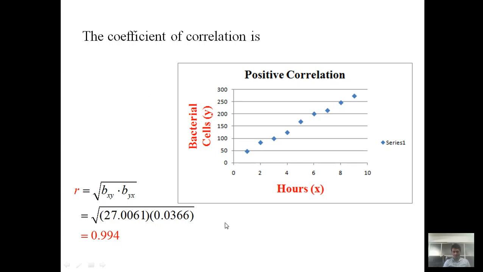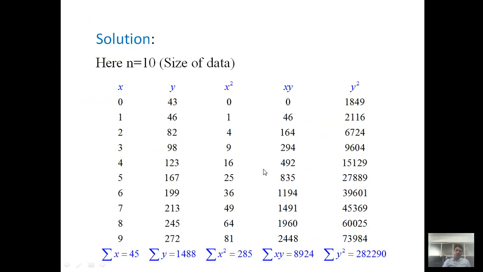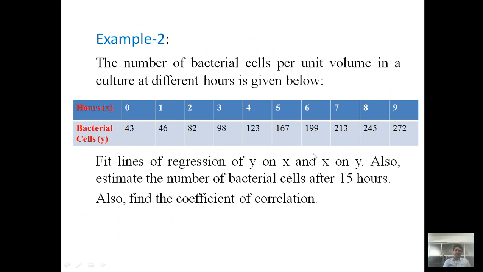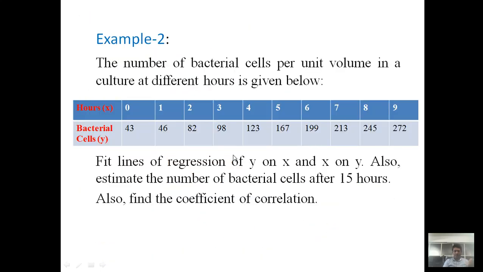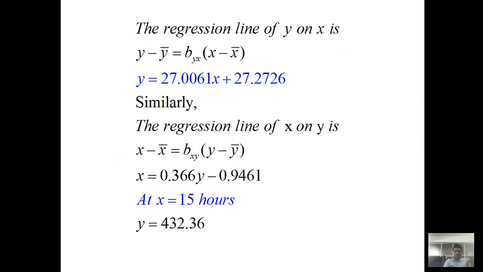Also, we apply software to obtain the graphical representation of the given data. We plot the graph of this data where the x-axis represents the time duration. At x equal to 0, the size of the bacteria is approximately 43 units.